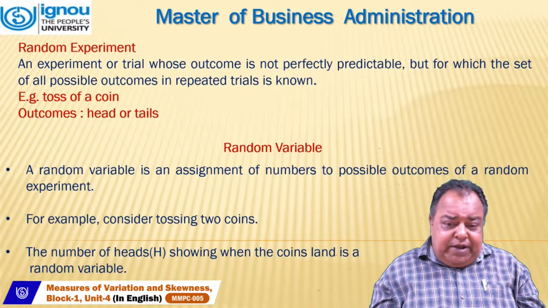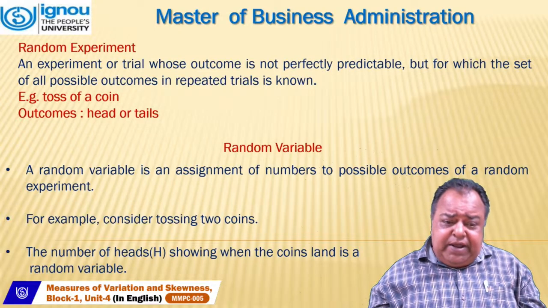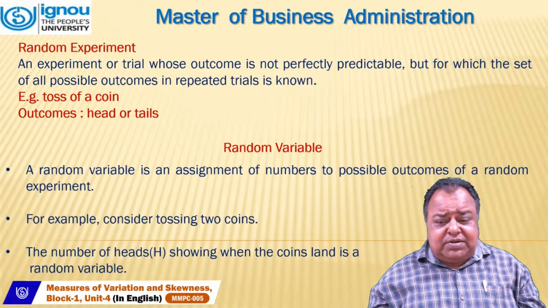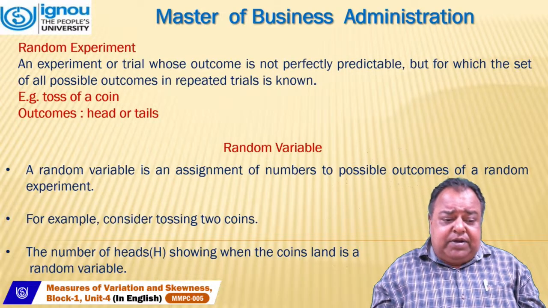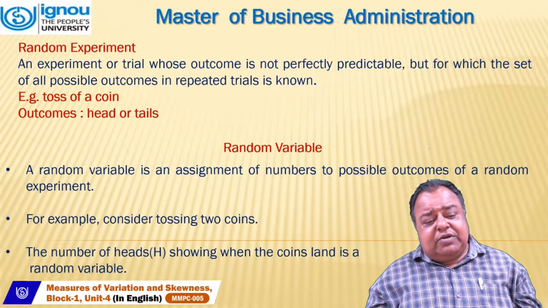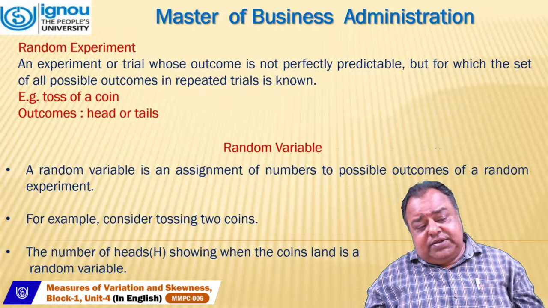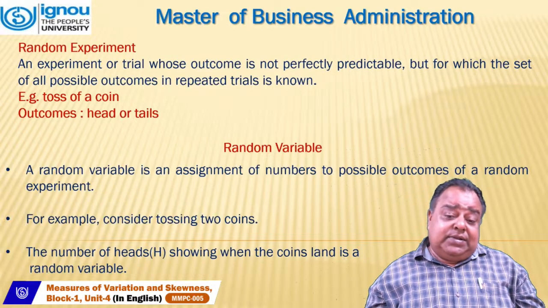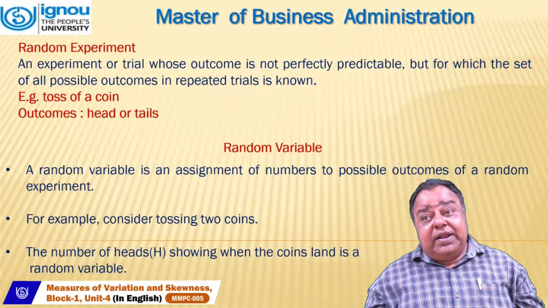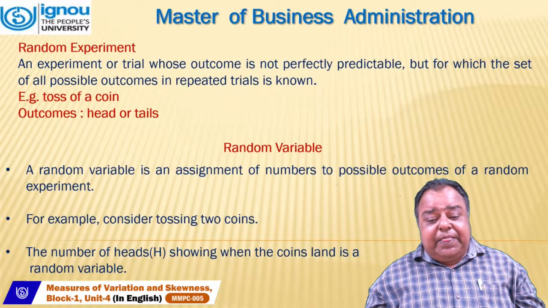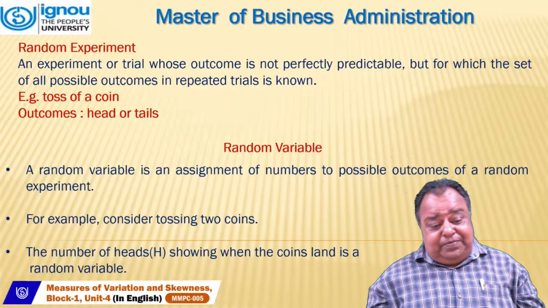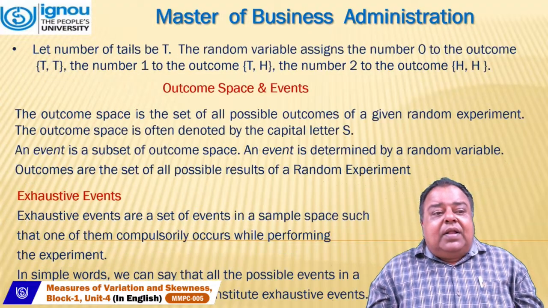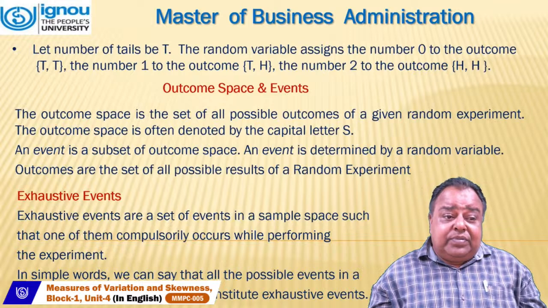Then comes the random variable. A random variable is an assignment of numbers to possible outcomes of a random experiment. For example, we consider tossing of two coins. In that case, we have to find the number of heads when the two coins land.